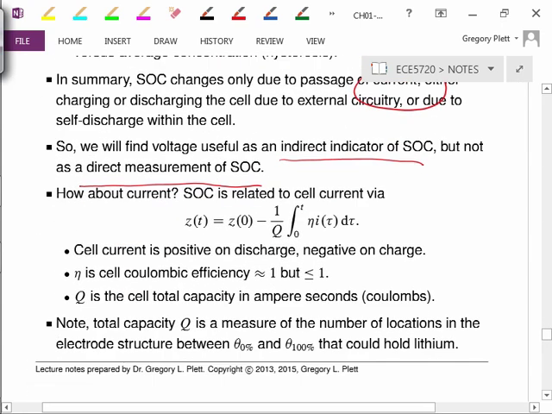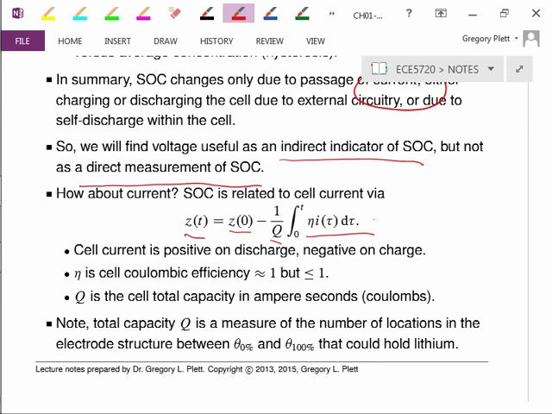Well, how about current? State of charge is related to cell current. We saw this last chapter also, that state of charge at some point in time t is state of charge at time 0 minus 1 divided by the total capacity, times the integral over time of the coulombic efficiency times the current between time 0 and time now. Cell current in this equation is positive on discharge, negative on charge.